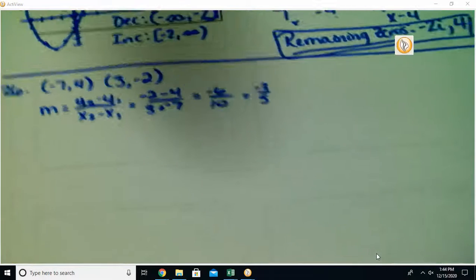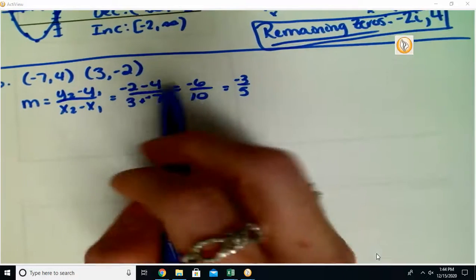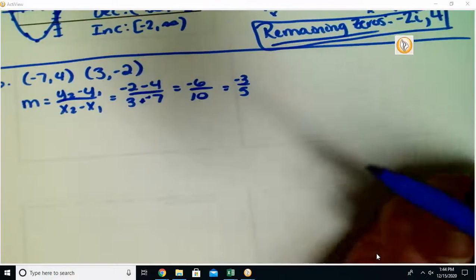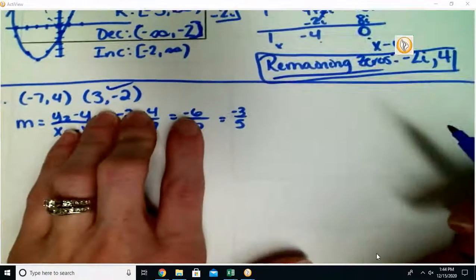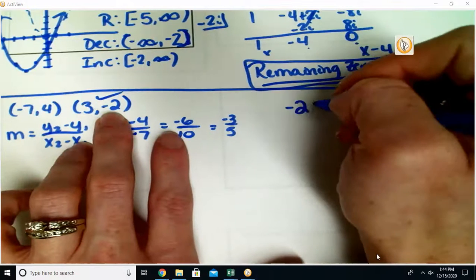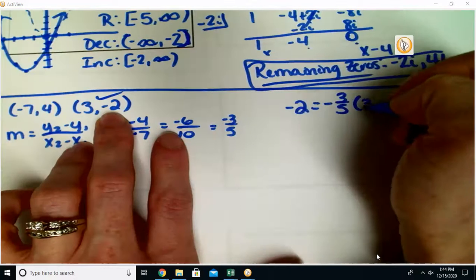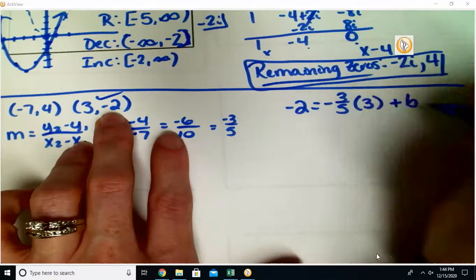Okay, to write the equation of a line, you need a point and a slope. There's my slope. We have 2 points, so pick one of them. Let's say I went with the second one. Now I'm going to plug into y equals mx plus b. So if I use the second one, my y is negative 2, my m is negative 3/5, x is 3, plus b.